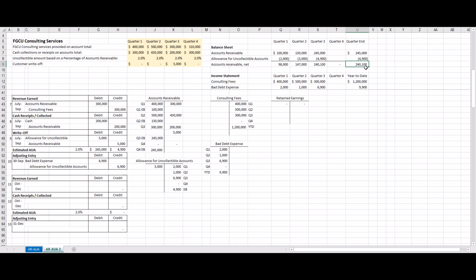And that's our accounts receivable net, or the net realizable value of accounts receivable.